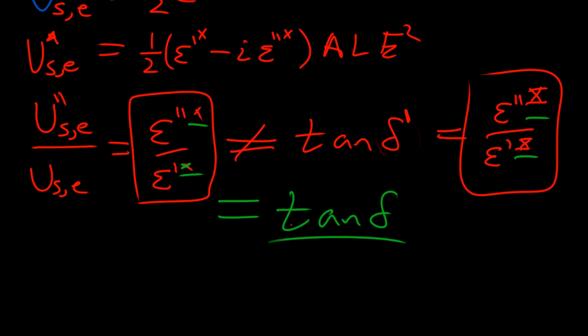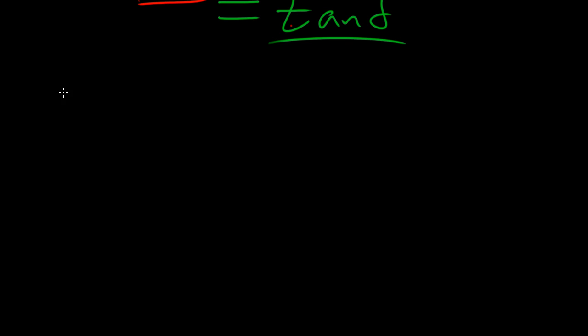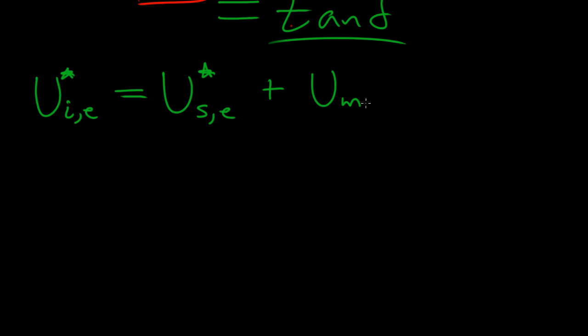So if we would like to continue, if you remember from the energy diagram, we had the input energy as electrical, the stored energy as electrical, plus the mechanical energy as electrical. If we consider the real part, we get the stored energy.